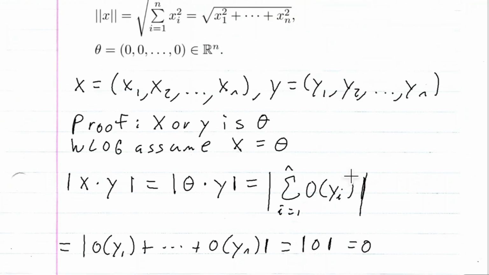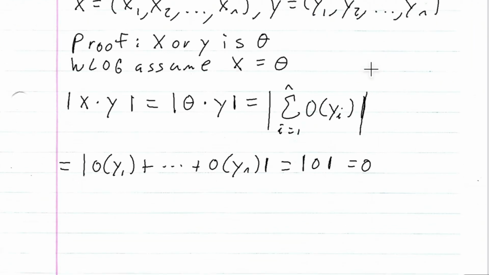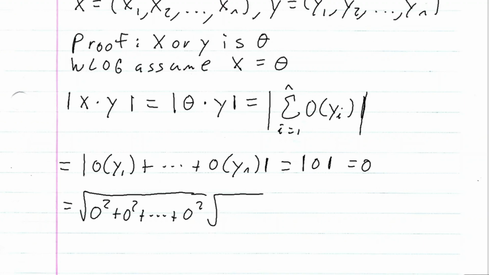And we want the norm of the 0 element in R to the n and the norm of y. So we can say this is equal to the square root of 0 squared plus 0 squared plus dot dot dot plus 0 squared, n times, times the square root of y sub 1 squared plus dot dot dot plus y sub n squared.